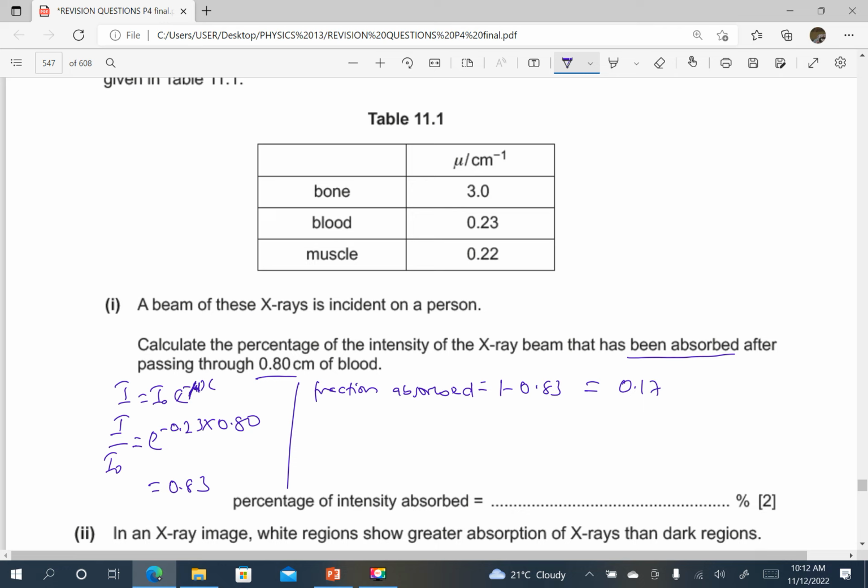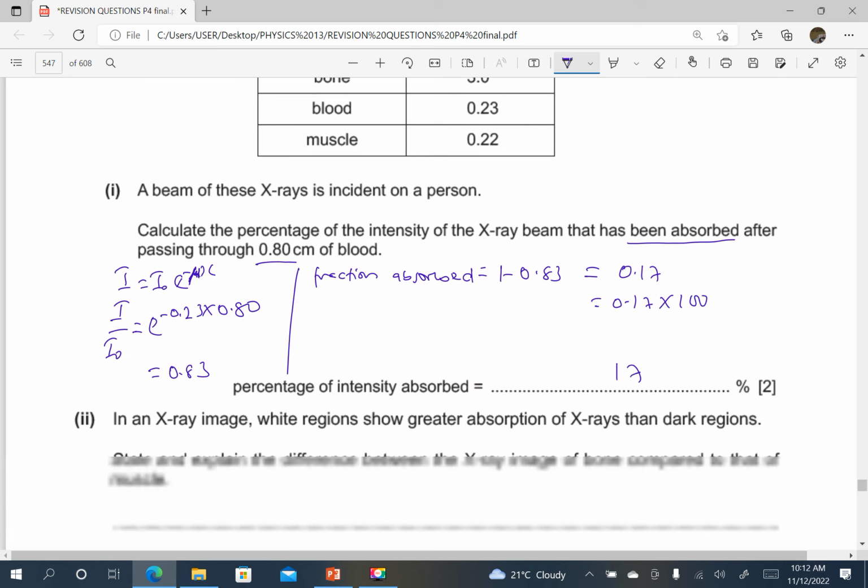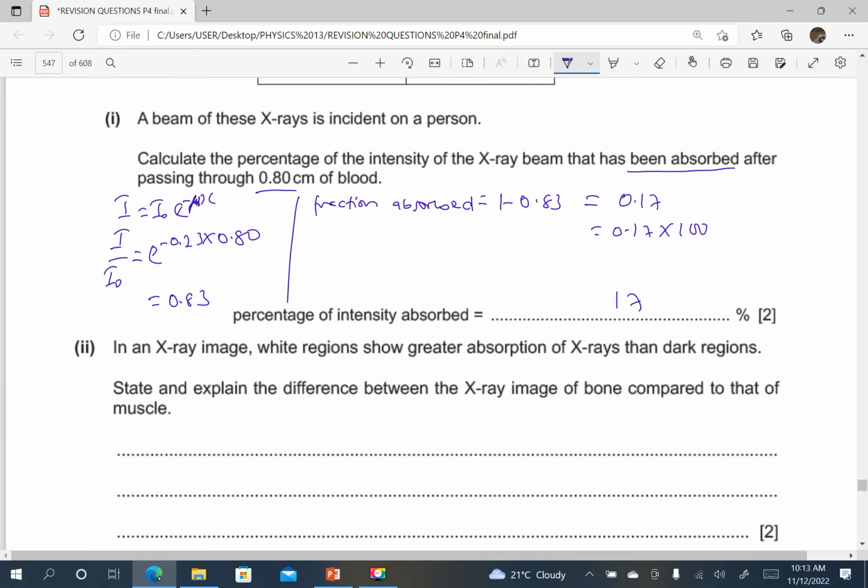And as a percentage, multiply this by 100. That is 17%.